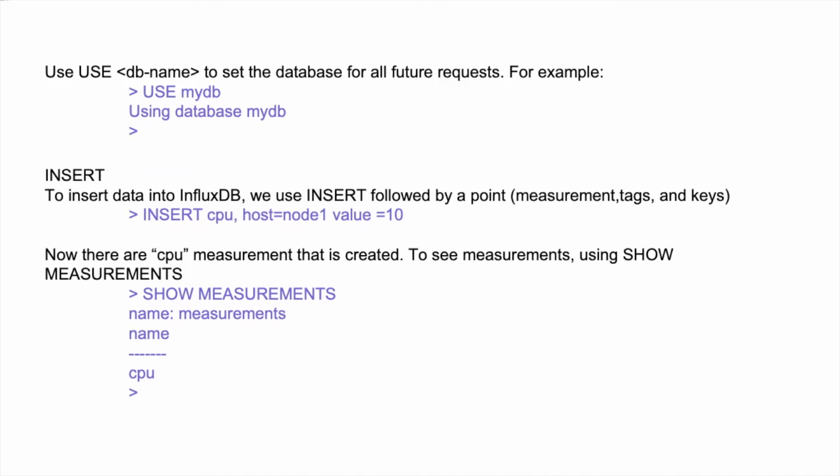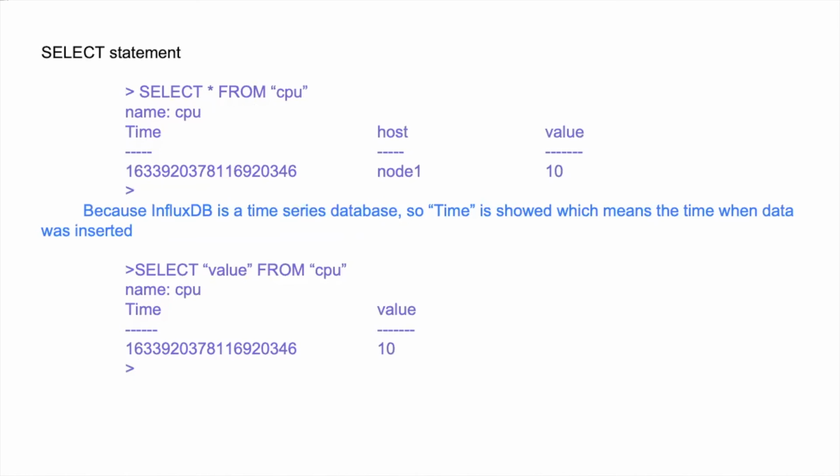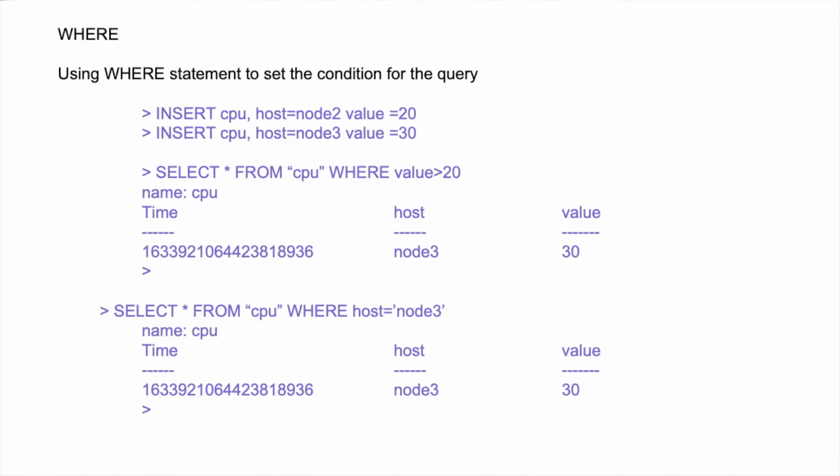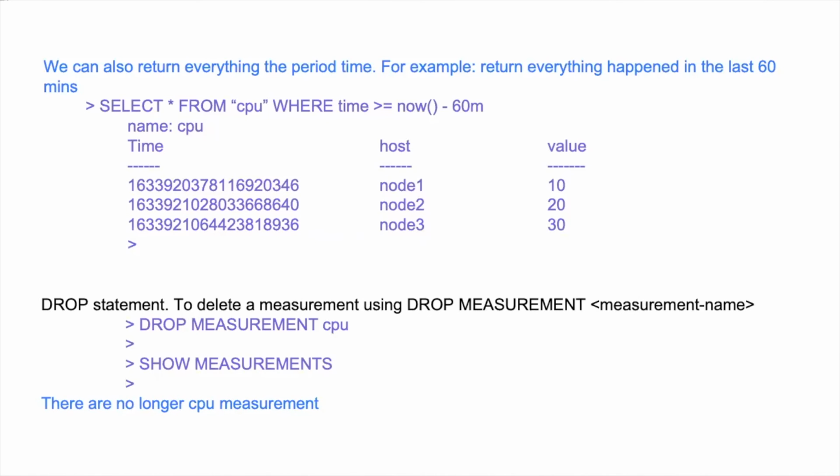We can insert some data into InfluxDB by using the insert statement, show measurements, select statement, from, where statement, and drop statement if you want to delete some measurement. I think I will jump into the terminal to show you more detail about what we can do.